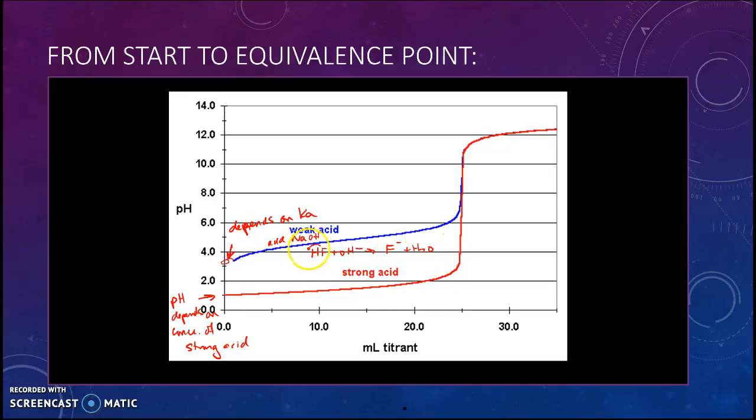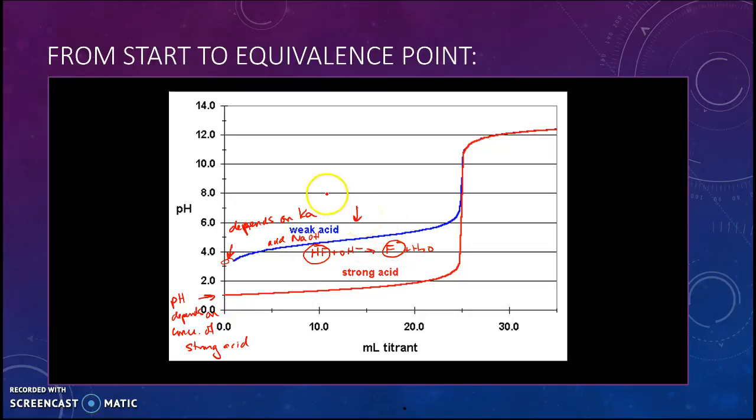And I want you to see this. At this point, after we've added some hydroxide, if we've neutralized some HF, we have a weak acid and its conjugate base in the same solution. At this point, we have a buffer solution. So during this entire stretch right here, we will have our buffer solution, and the pH will depend on the Ka.